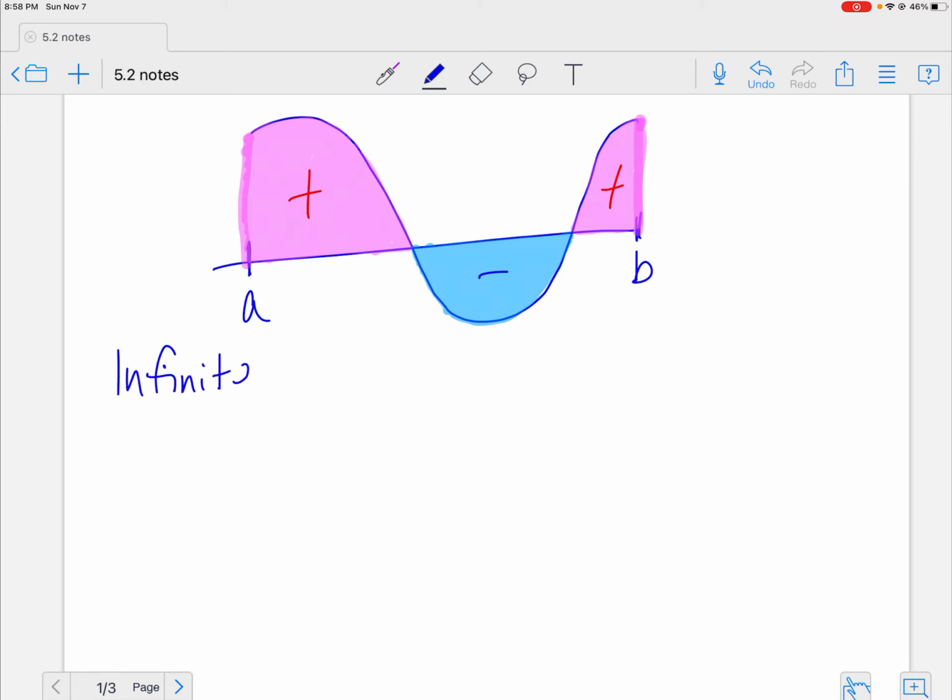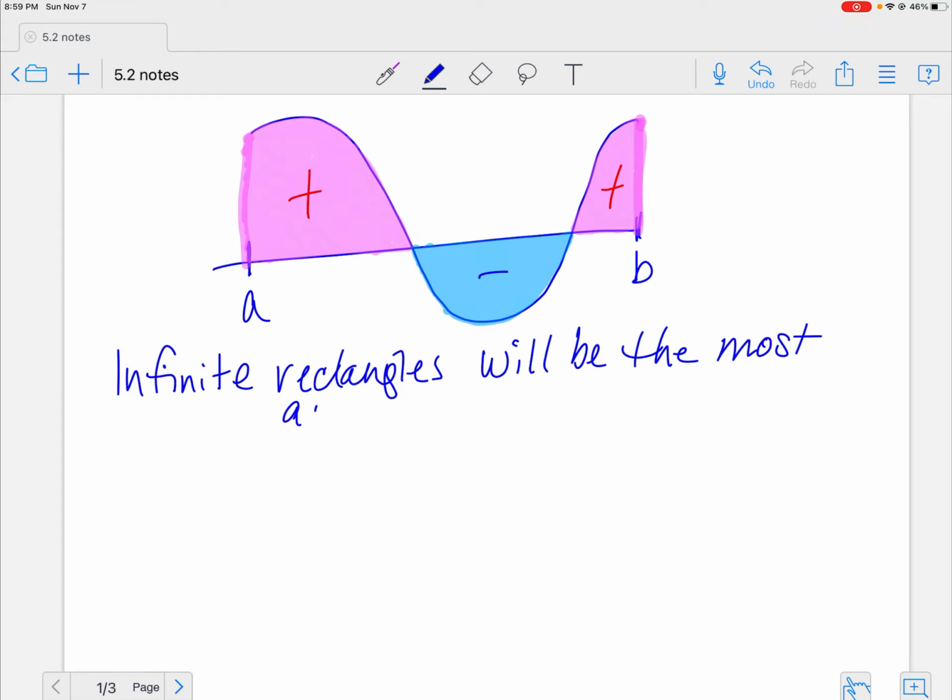So if we have infinite rectangles, that's going to be as tight and as tiny as possible. This will be the most accurate area.